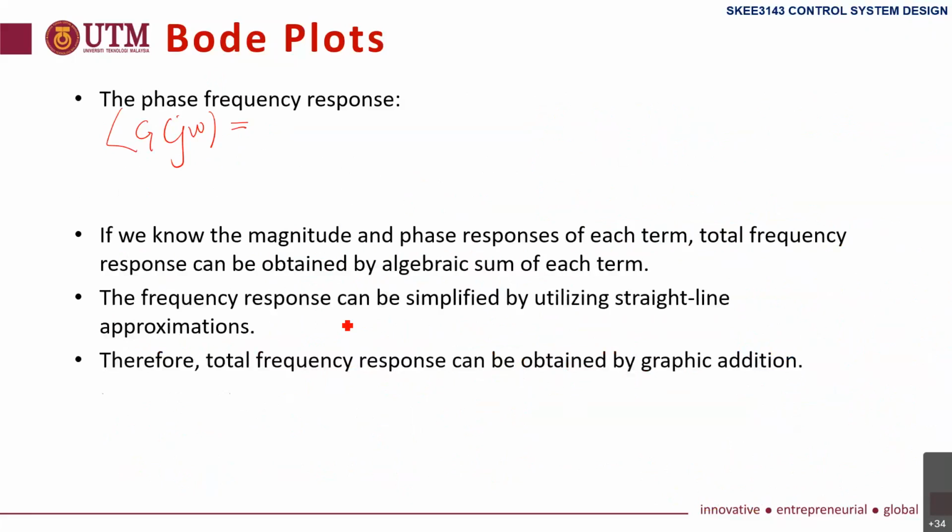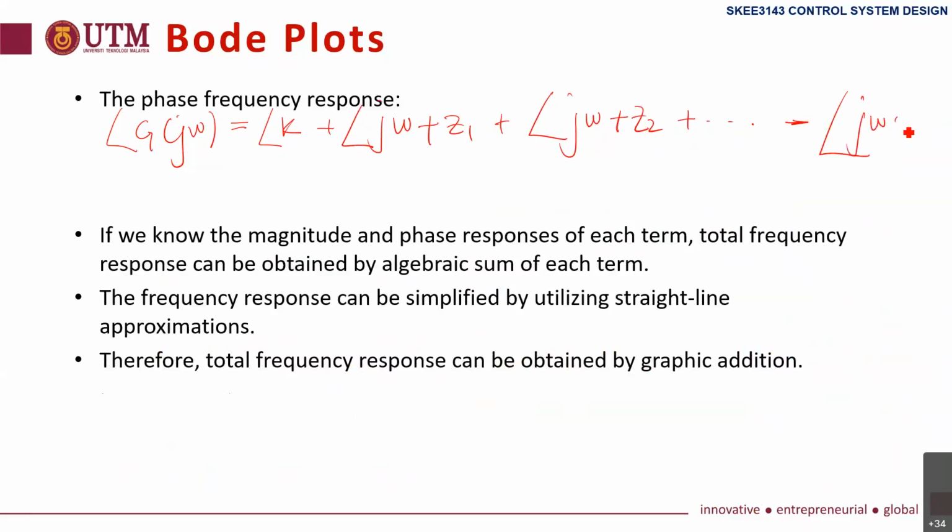So it will be the angle of K plus the angle of j omega plus zero 1, and then zero number 2, and so on, minus the angle of j omega plus P1 and then j omega plus P2 and so on, minus all the poles.